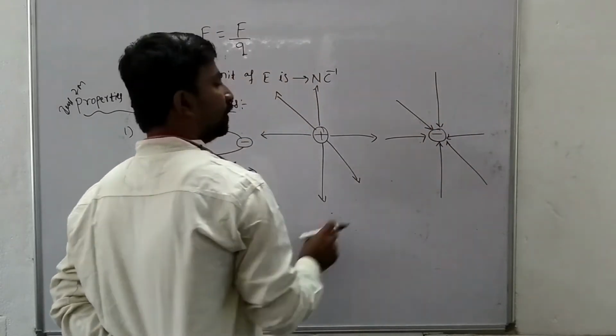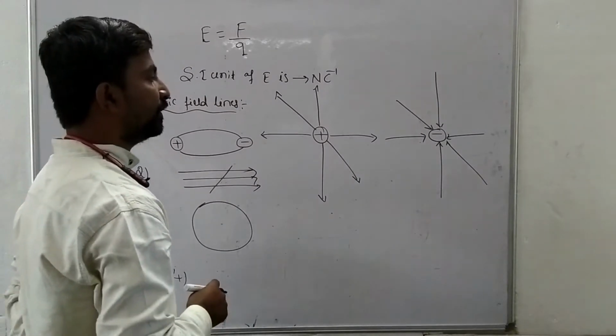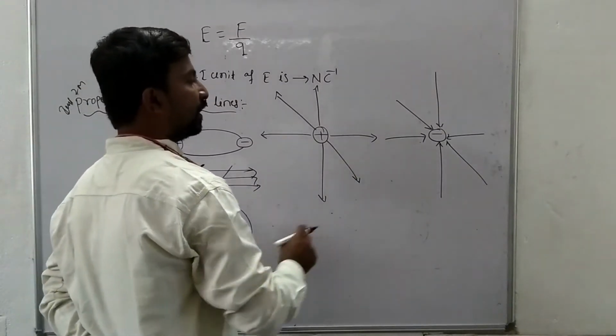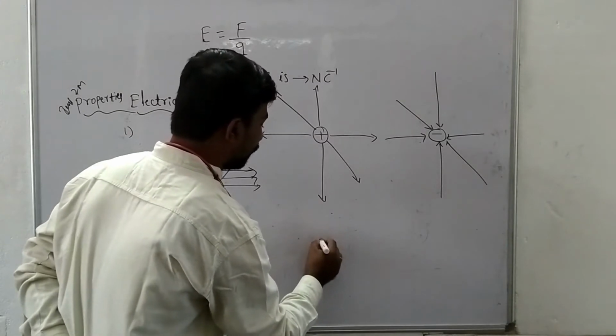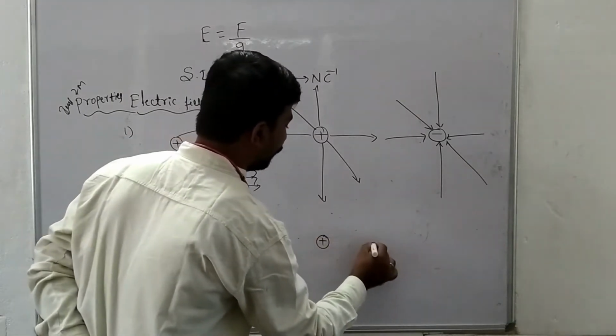Draw the converging field lines around a negative point charge, and draw the electric field lines around two equal and opposite point charges.